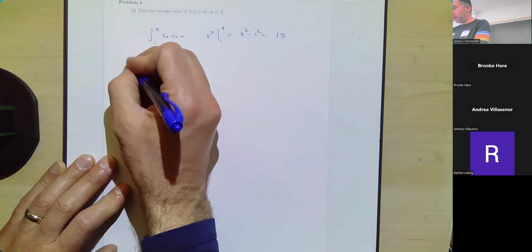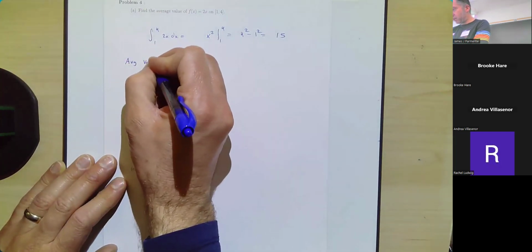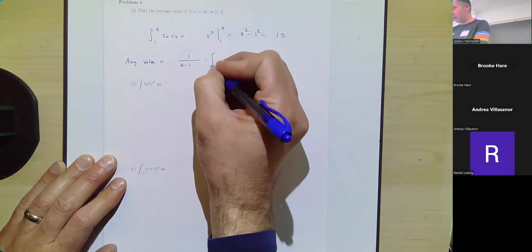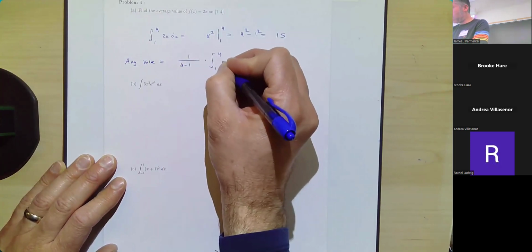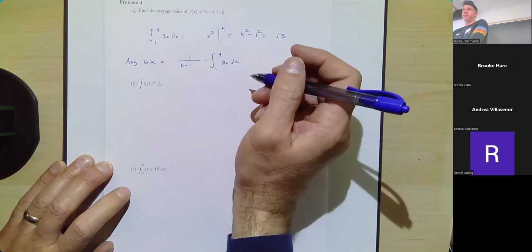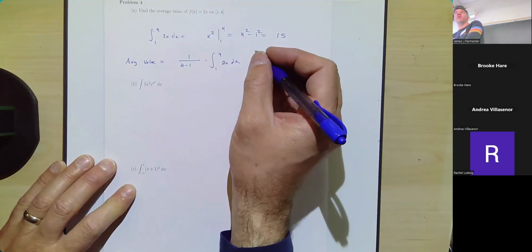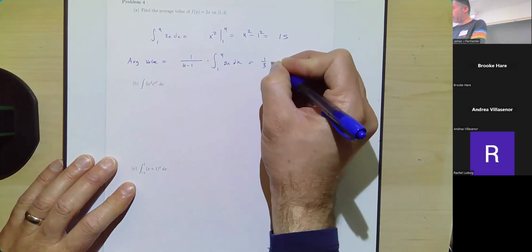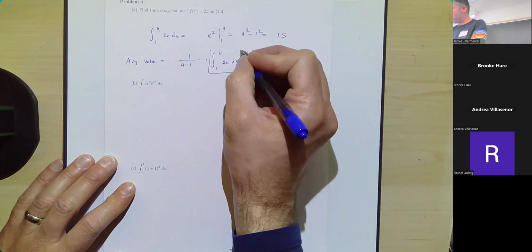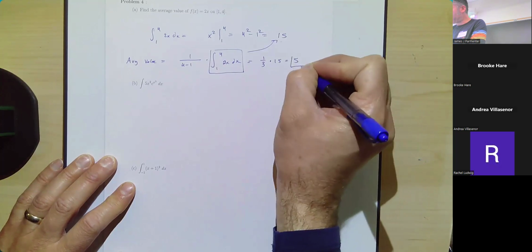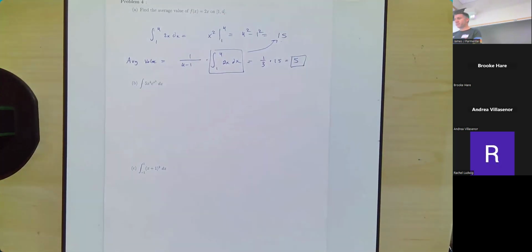So the average value is just going to be 1 over 4 minus 1 times that same integral. You don't have to do this part first. I just wanted to show you that you're just doing an integral and dividing by the length of the interval. So we're going to get 1 over 3 times the thing we just calculated, which is 15. Then we're going to get 5. Not too bad.